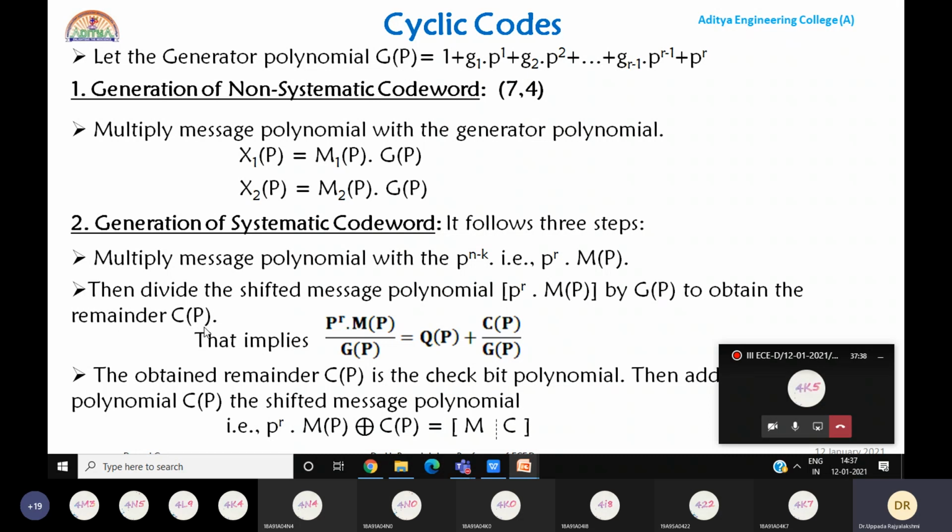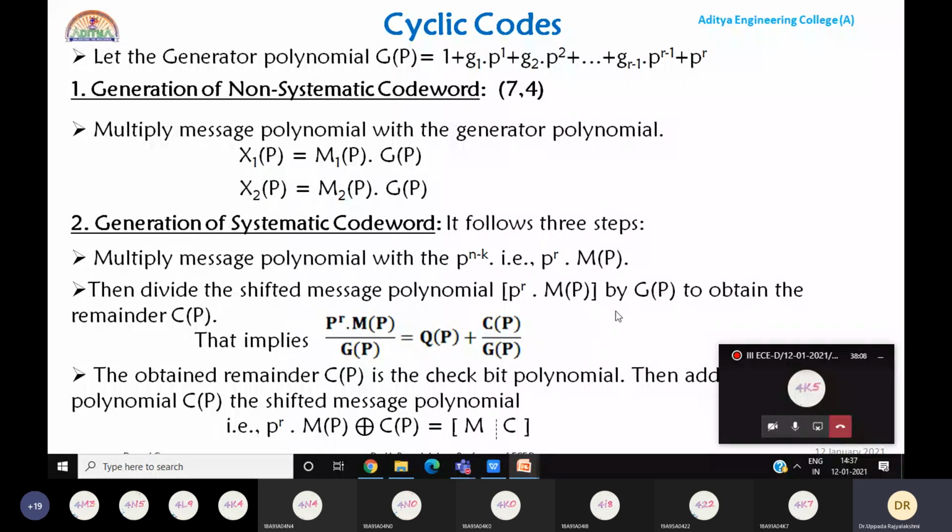In equation form, p power r into m of p divided by g of p is equal to some quotient, say q of p, plus C of p as the remainder divided by g of p.